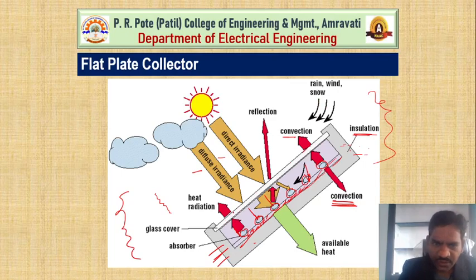So if you consider some point, it means dust. We know that this flat plate collector is situated outside, on the top of the terrace. So there is continuous falling of rain or wind or snow. Because of this the glass surface is continuously cleaned. If it is not continuously cleaned, there is a correction factor we observe, 0.92, which reduces the heat transfer rate.